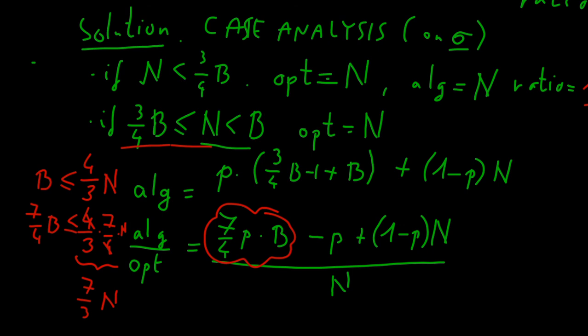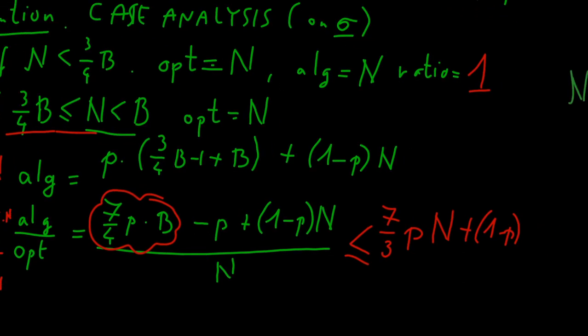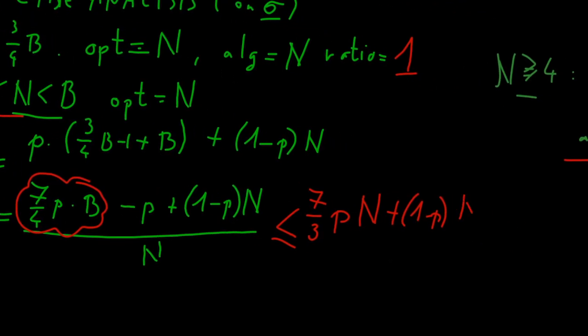So this means that this ratio is smaller than or equal to 7 over 3 p's times n plus 1 minus p times n minus p, divided by n.